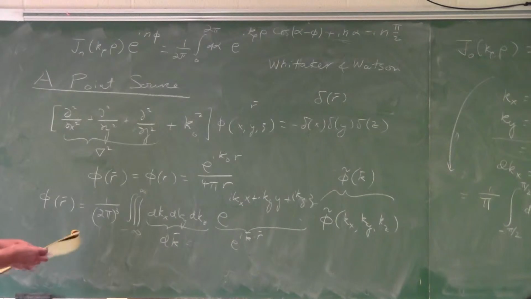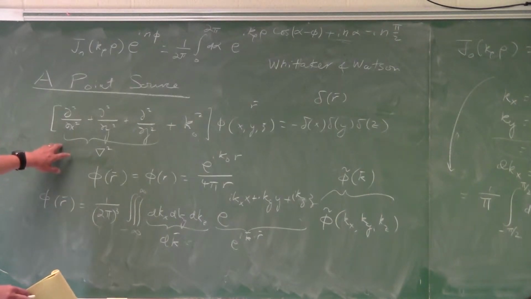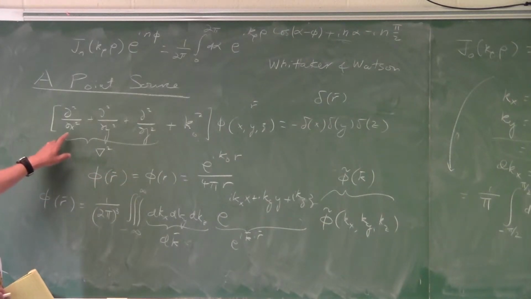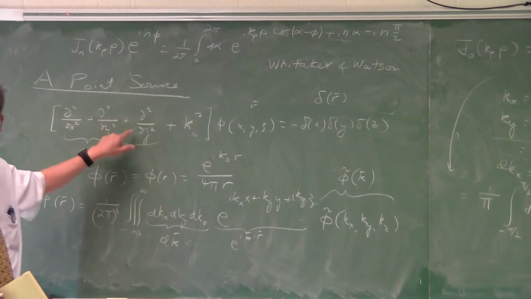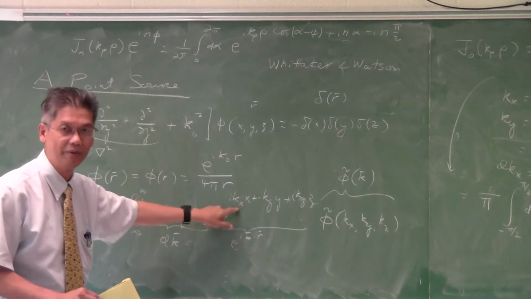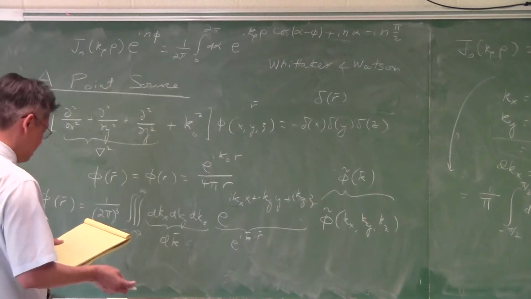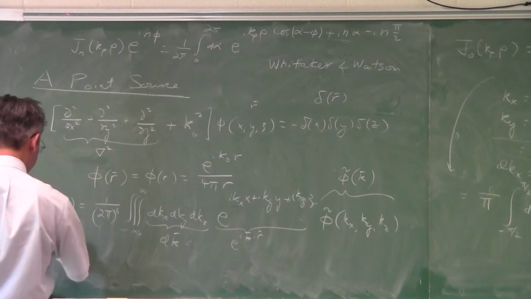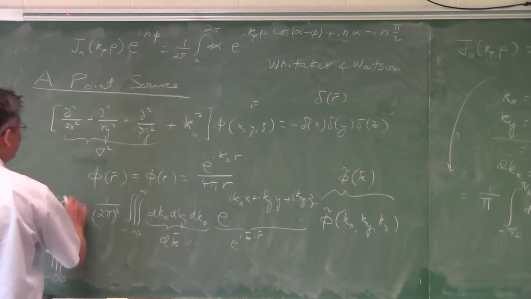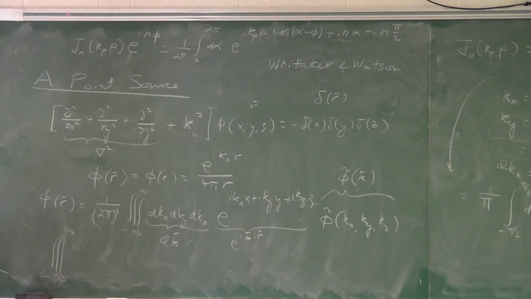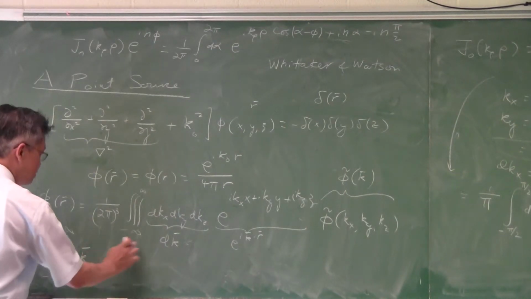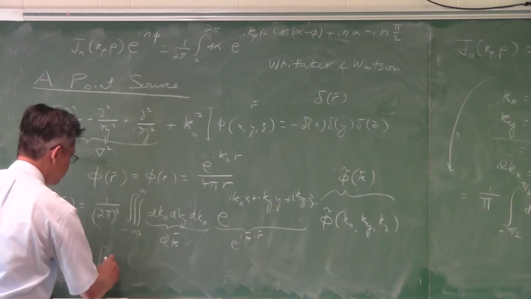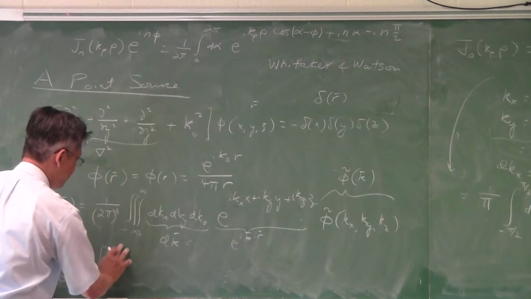So if I now substitute this expression into the above, exchange the order of integration and differentiation, all the partial x squared, partial y squared, partial z squared become simplified because they operate on that. I take this differential operator into the integrand, and this thing will just become minus k squared.